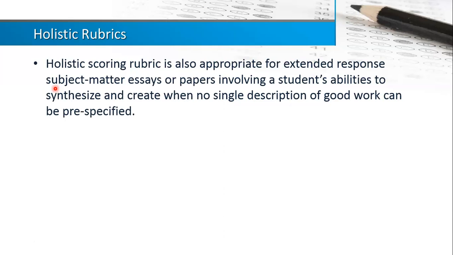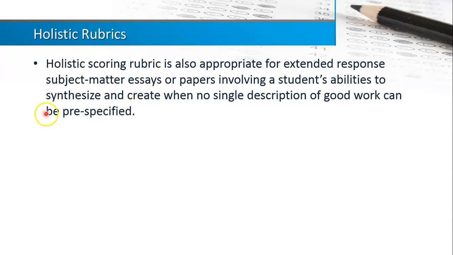A holistic scoring rubric is also appropriate for extended response subject matter, such as essays and papers, which was also covered in the previous unit. It usually looks at the student's ability to synthesize, create, or evaluate, and so on.